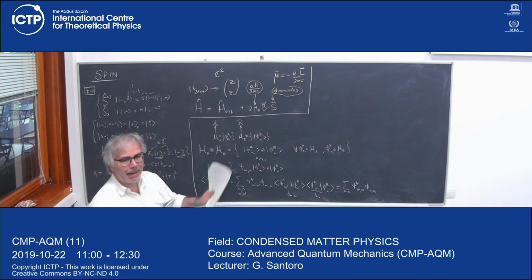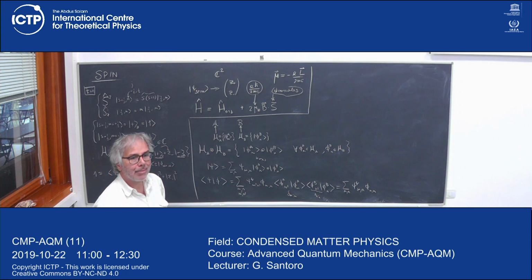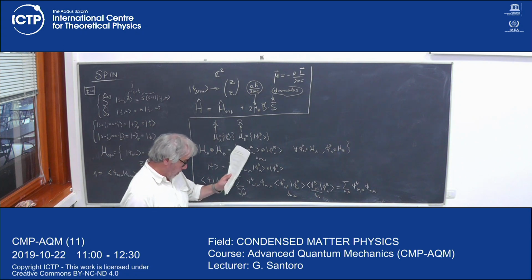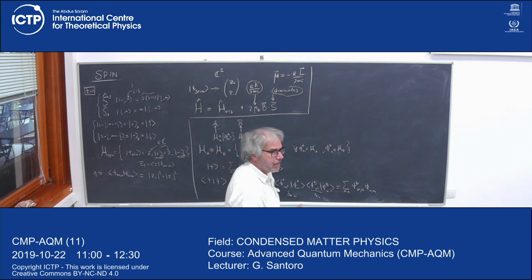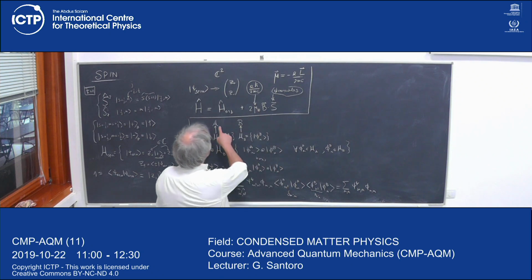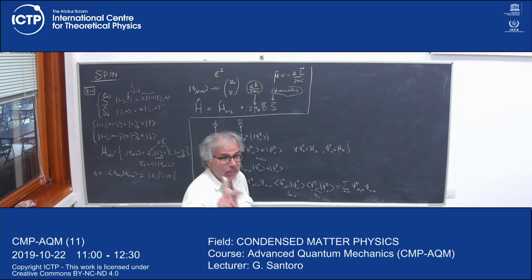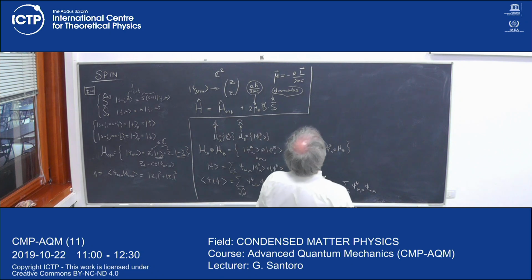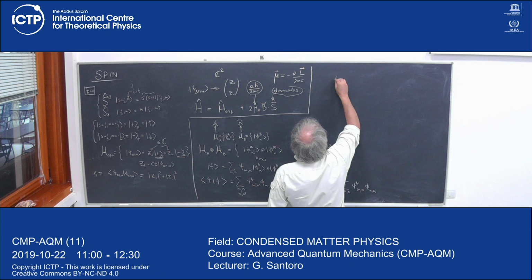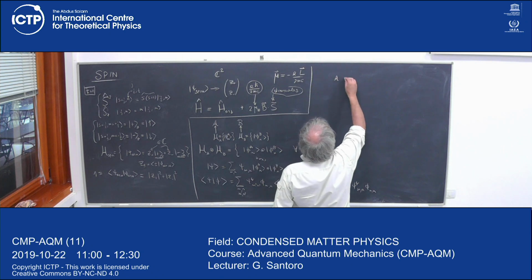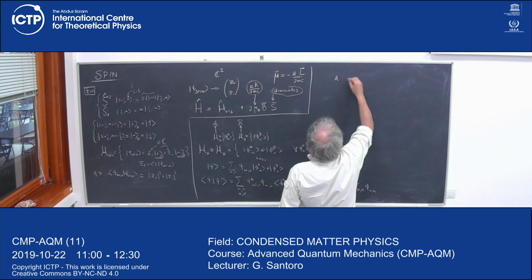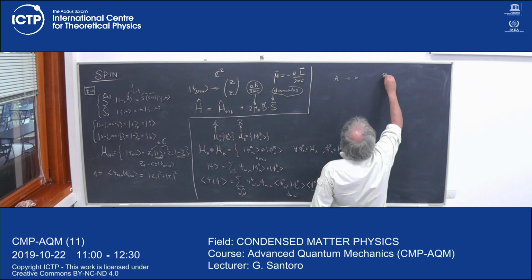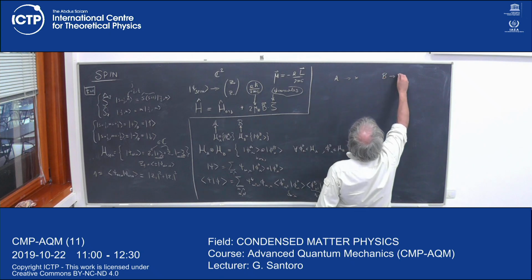Good. Examples, otherwise we are too abstract. Now, let me start with the simple. Suppose that I have a particle in 2 dimensions, one particle only, but in 2 dimensions, okay? So, for me, A is the Hilbert space of the function of x, and B is the Hilbert space of the function of y.